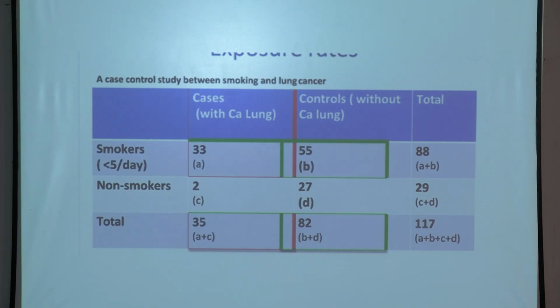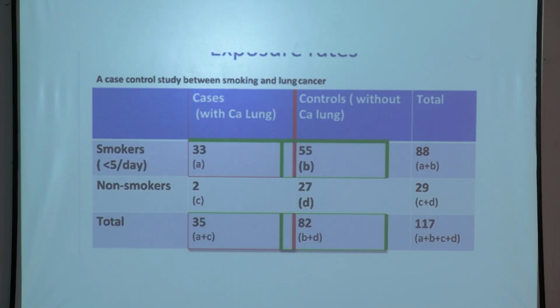A by A plus C is the number of people affected by CA lung, out of which how many are smokers. It is the proportion of people who are smokers and who have CA lung.